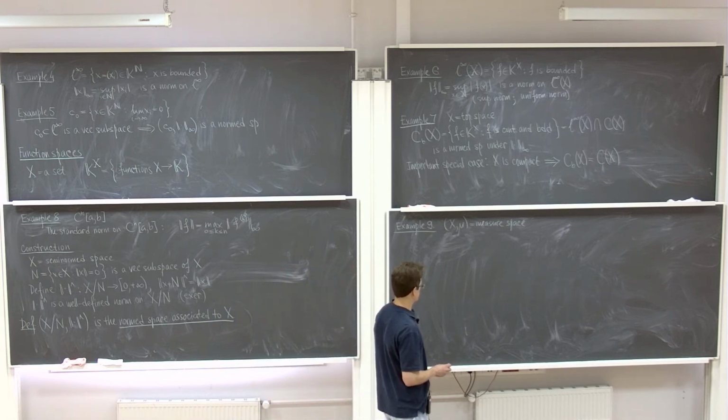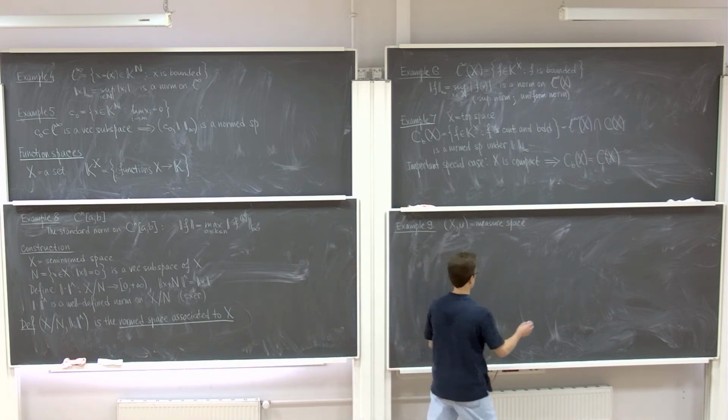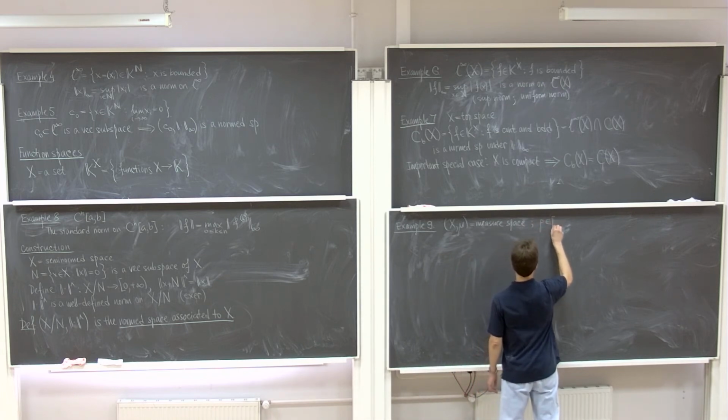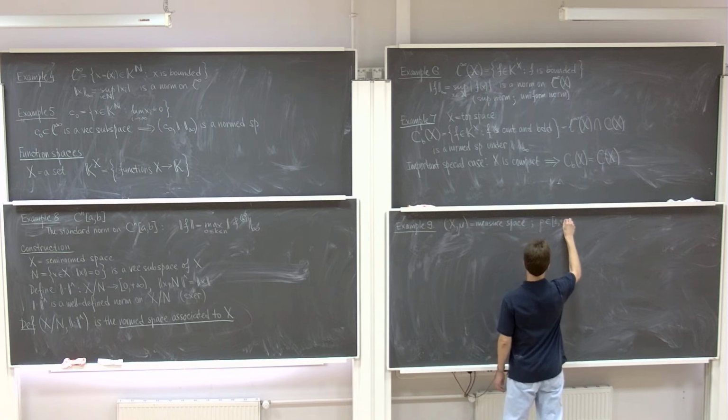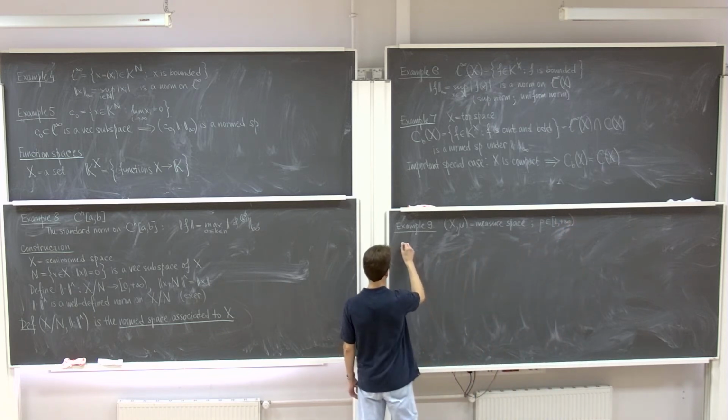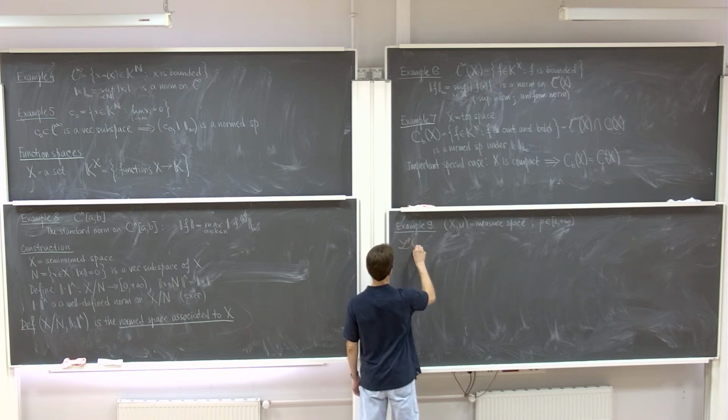So we take a measure space, and let p be a real number greater than or equal to 1. And we introduce the following set, script L^p(X, mu).